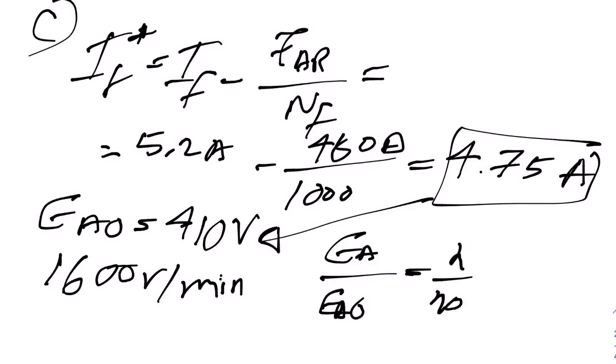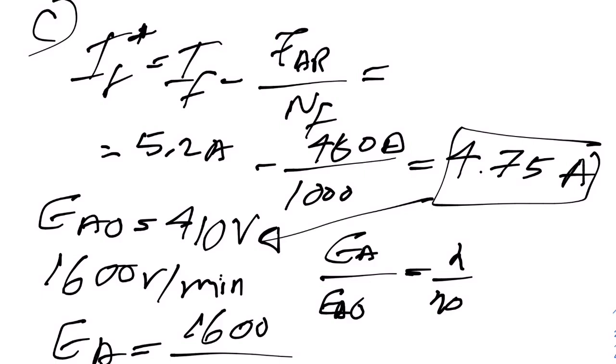Now EA equals what here, guys? 1600 over 1800 multiply 410 volt. We get the answer 364 volt.